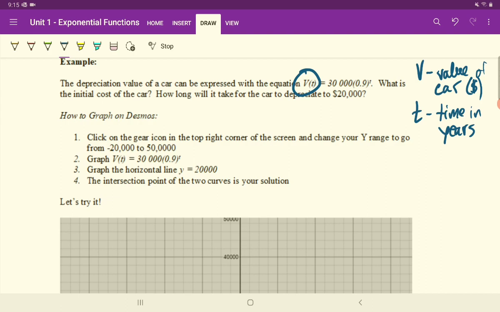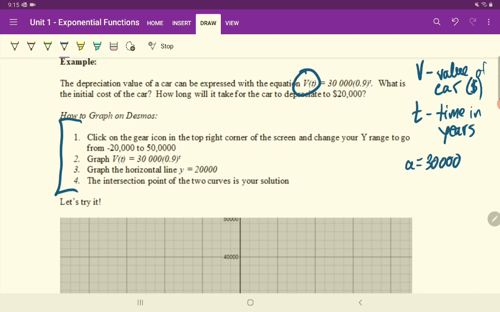So we're going to graph this on Desmos, and I left instructions here on how to graph in Desmos. First and foremost, you've got to look at your values here, and so let's study this a little bit more closely. So our a value is what from this equation? 30,000, right?